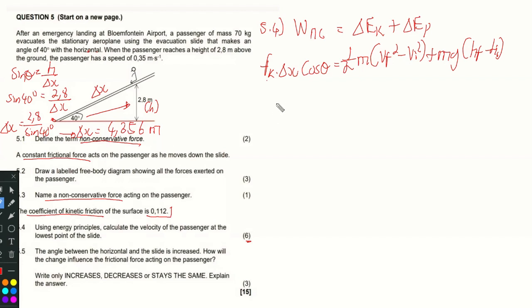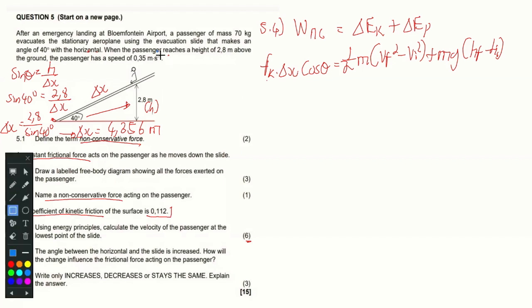Okay, now we have that, we can say our delta X is that, but we also have a problem with Fk. We must find the magnitude of the kinetic frictional force, right? If you refer to my video on Newton's second law, I will drop a link for that one.